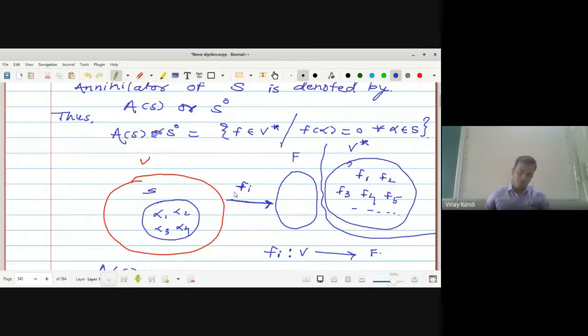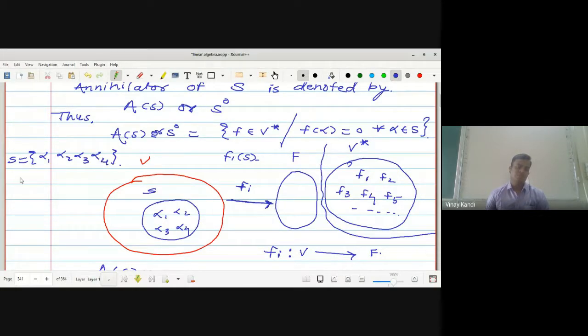Now this fi is a linear functional on capital V. Suppose we apply f1 on S, on each element of S. Okay. How many elements are in S? Alpha 1, alpha 2, alpha 3, alpha 4.